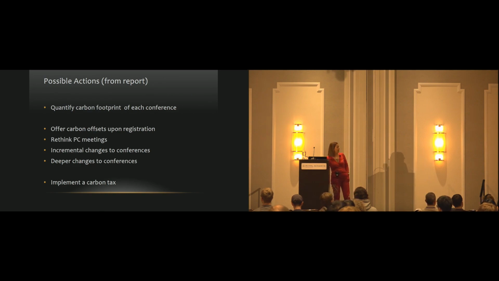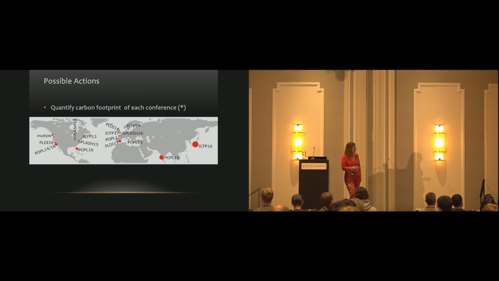We started doing that as an exercise in SIGPlan. And that map over there shows the different instances of SIGPlan conferences in the past few years. And the bigger the circle, the more carbon emissions per attendee. We normalize it per attendee.